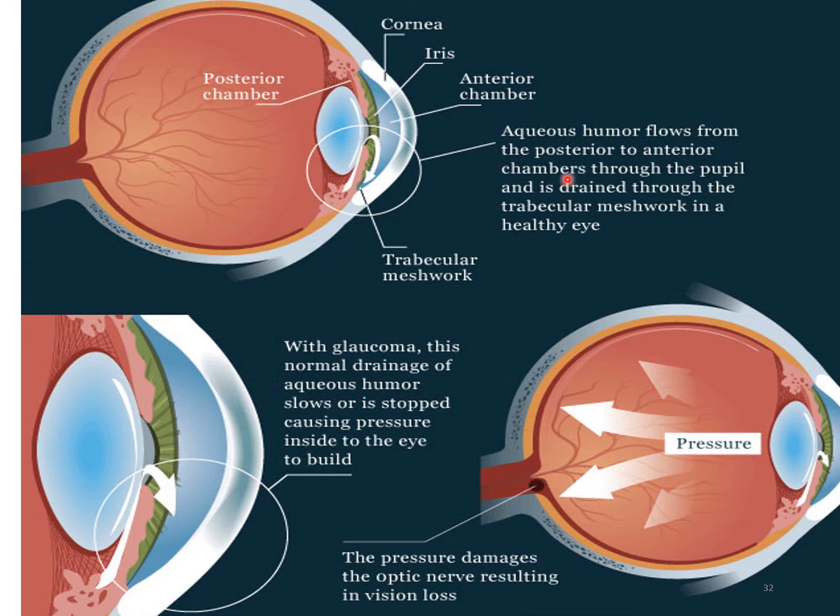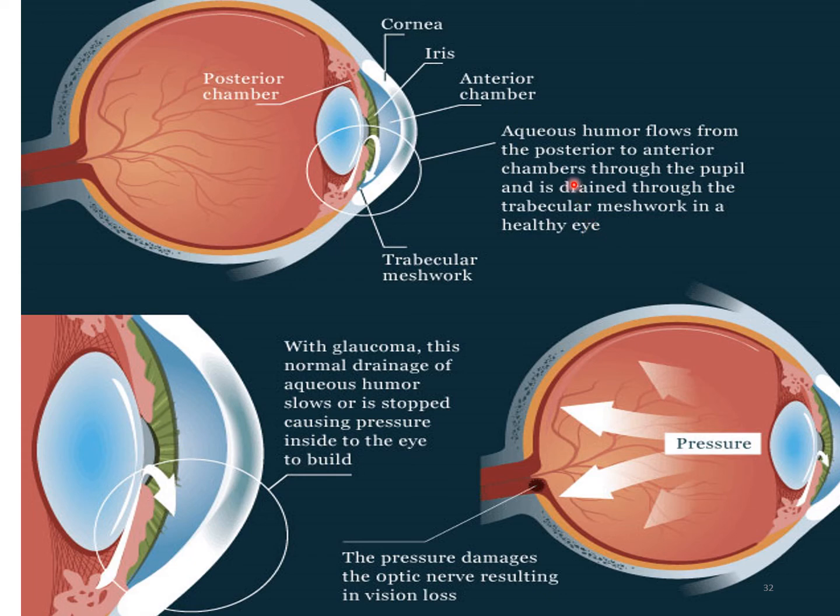Aqueous humor flows from the posterior to anterior chambers through the pupil and is drained through the trabecular meshwork in a healthy eye. We like aqueous humor because it nourishes the eye and it maintains intraocular pressure.